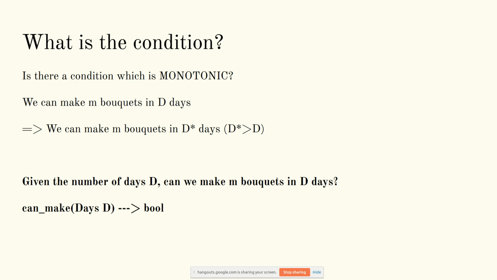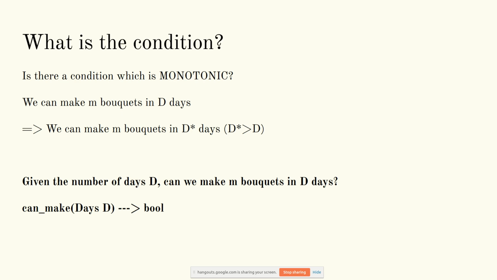We help ourselves by defining a condition with an implication statement: if we can make the required number of bouquets M of size K in D days, we can safely say that we can accomplish the same task in D star days, where D star is greater than D.